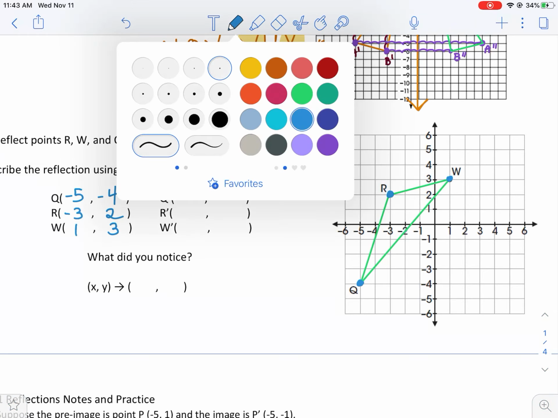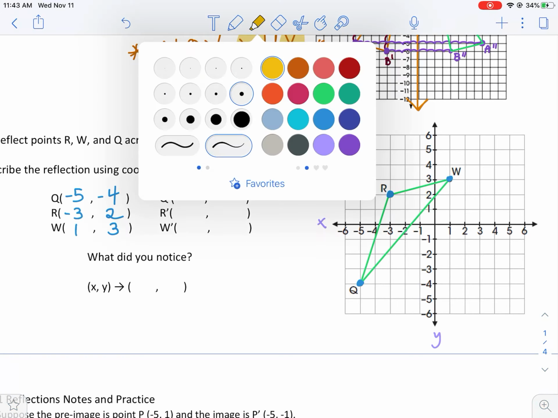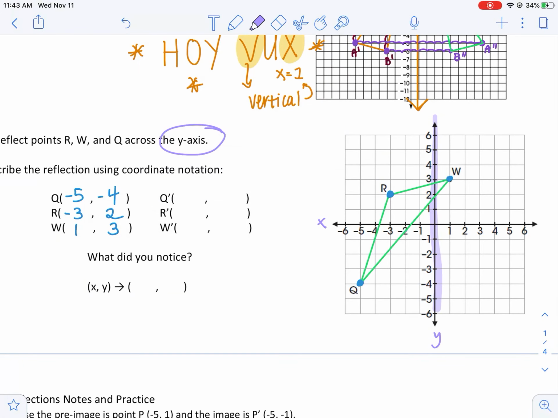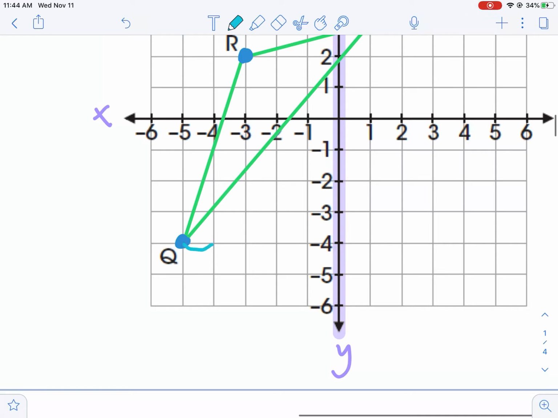So, we have to reflect across the y-axis. So, remember, x is the horizontal, y is the vertical. So we are going across this axis to start. I'll start with Q, and I count that Q is 1, 2, 3, 4, 5 away from the y-axis.